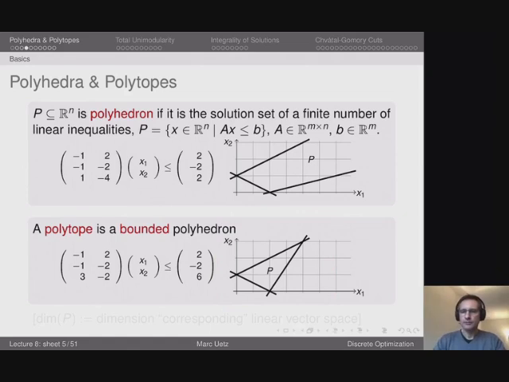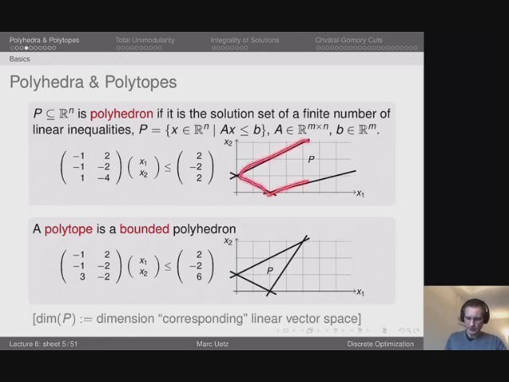Okay. Now, once in a while, we will also be talking about the dimension of such objects, so the dimension of polyhedra or polytopes. And if you look at these two figures, it should be intuitively clear that these two objects would have dimension 2. So that's 2-dimensional objects, right?